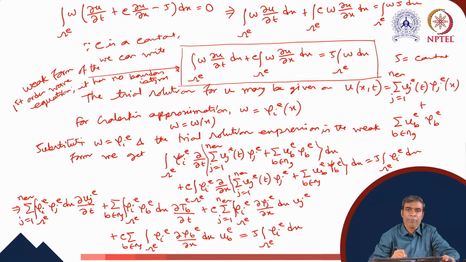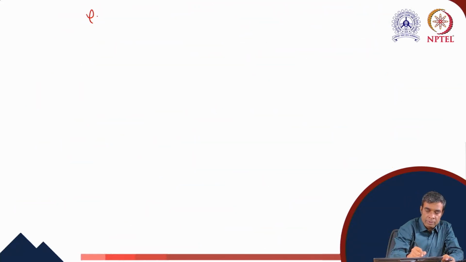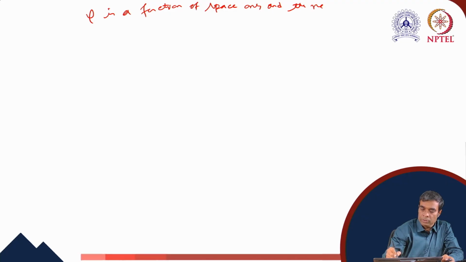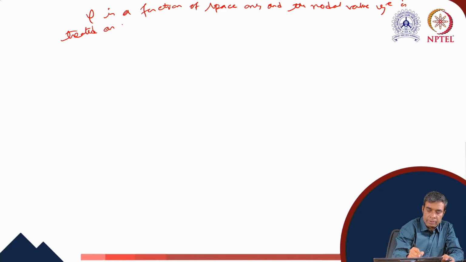This is our choice. So psi is a function of space only, and the nodal value uje is treated as function of time only.